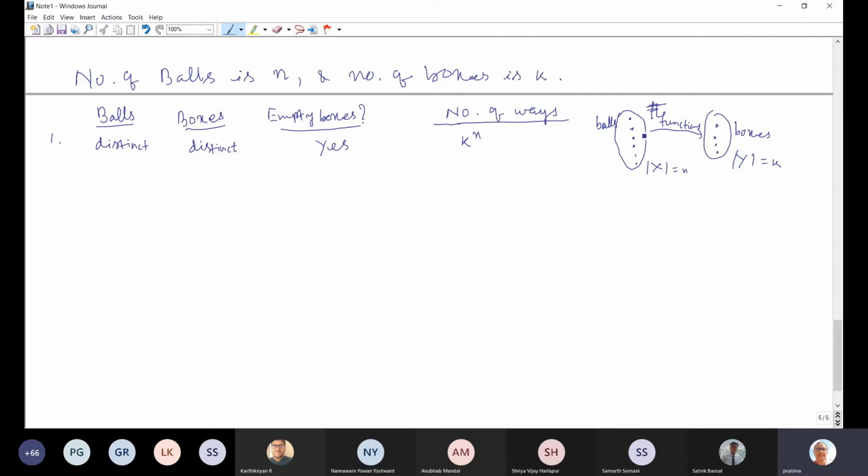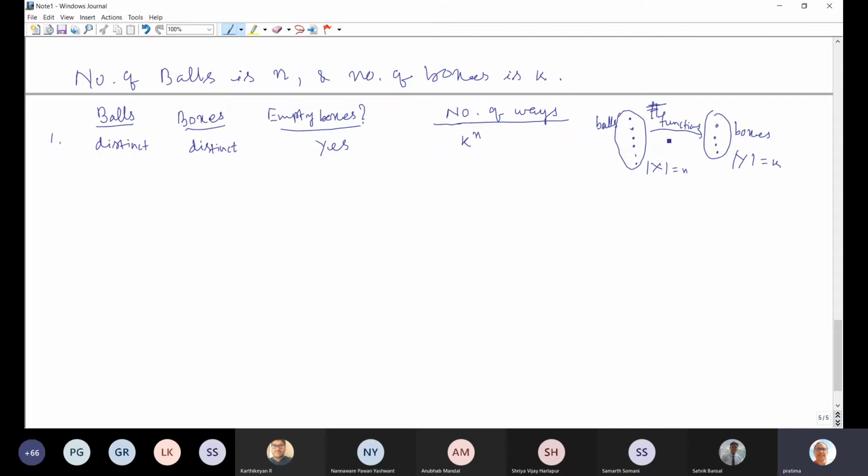So how many ways can you find the functions? Function means every element of this domain set should have an image, right? And the function may not be onto, so some of the boxes may remain empty also.